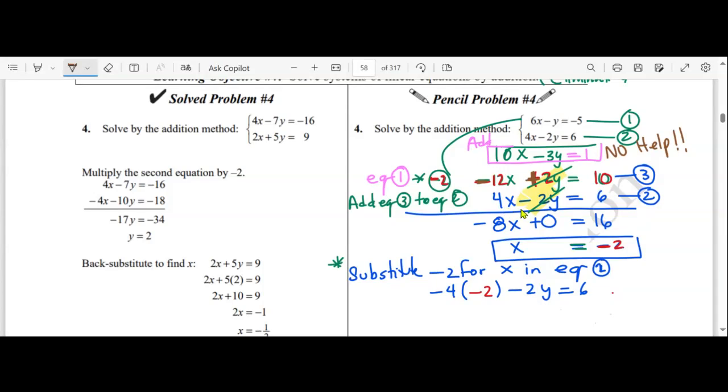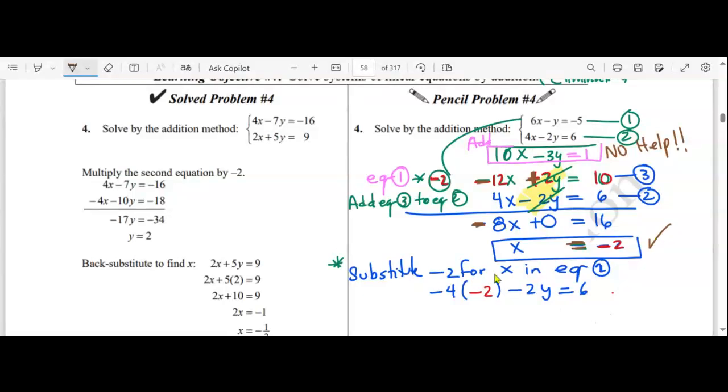And then you just rewrite the second equation. And then you add. So how much do you get? -8x. And you cancel the y. Equal what? 10 plus 6, 16. So x is going to equal how much? -2. Is this correct?